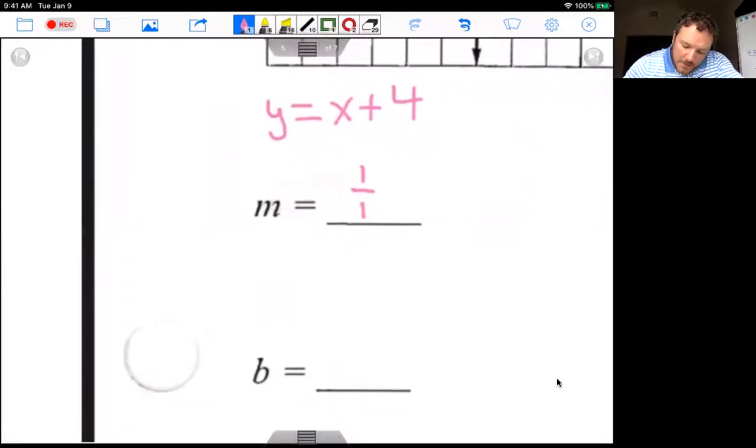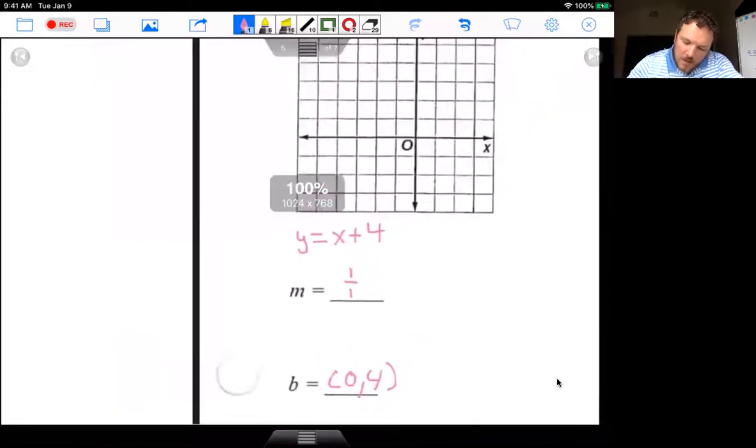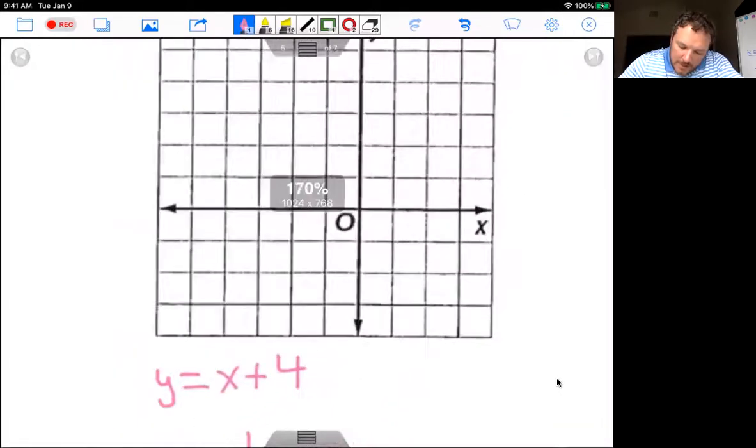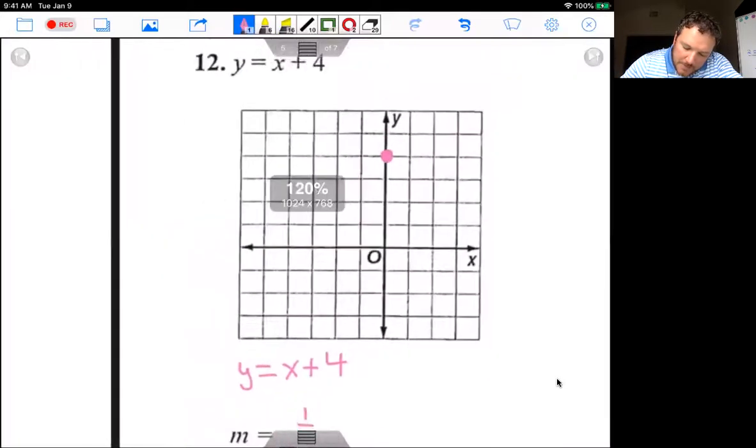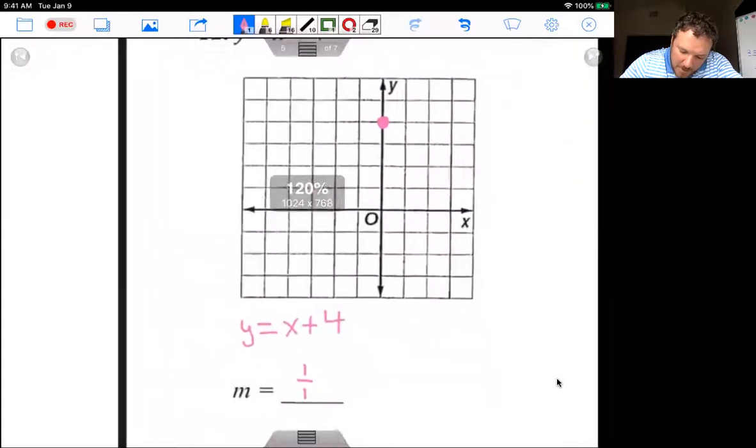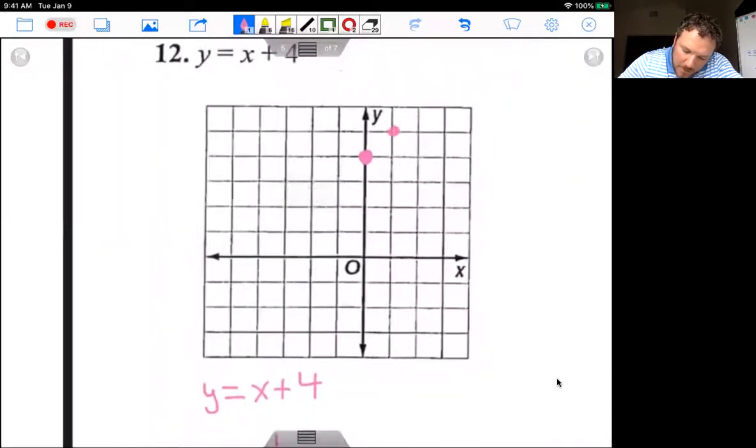Then my y-intercept is 4. So that's going to be at 0, 4. So when I write that, 1, 2, 3, 4, my y-intercept there. And so I'm up 1, right 1, up 1, right 1, up 1, right 1.